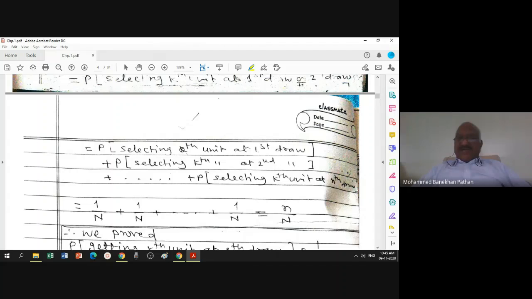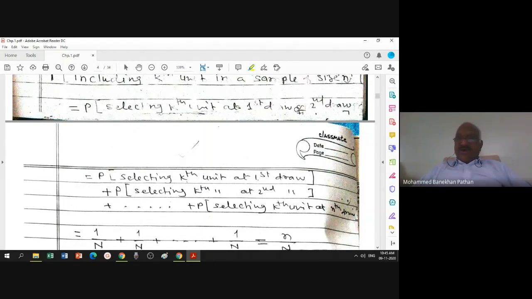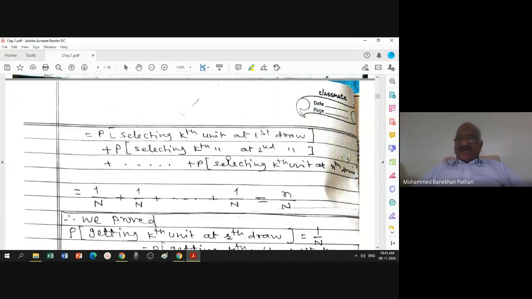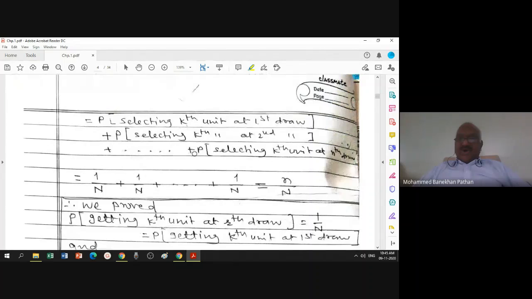The probability of selecting the kth unit at the first draw plus, when I put 'or', it is a plus, selecting at the second, plus and so on, the probability of selecting the kth unit at the nth draw, because I want a sample of size small n. So I will make n draws.